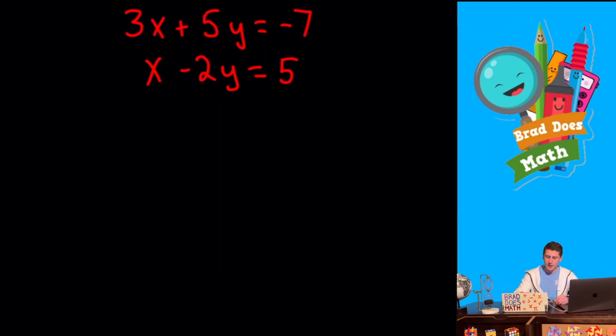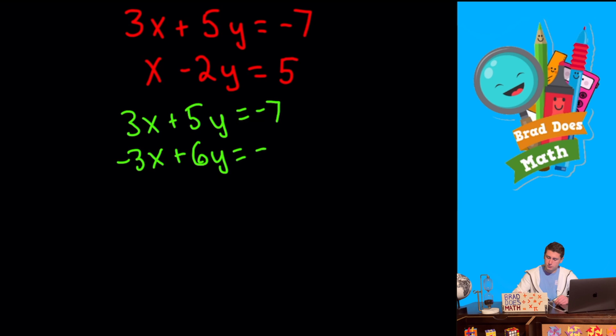That way I have a 3x and a negative 3x, and I can add straight up and down, and the x's will be eliminated. So I'm just carrying down the first equation. And then I'm going to carry down the second equation, but I'm multiplying everything by negative 3. And now I can just add my two equations together.